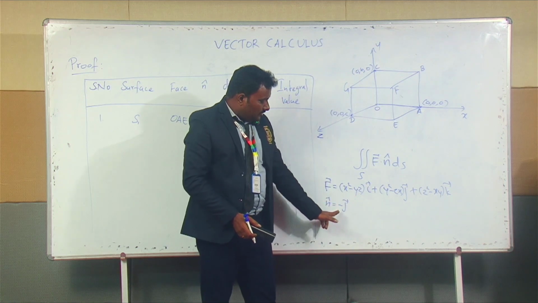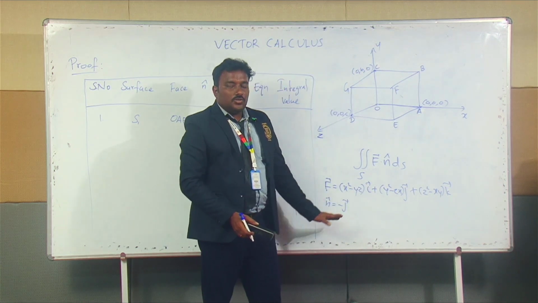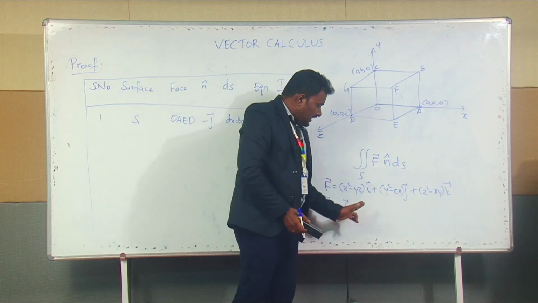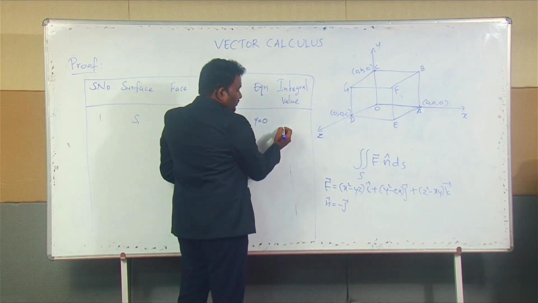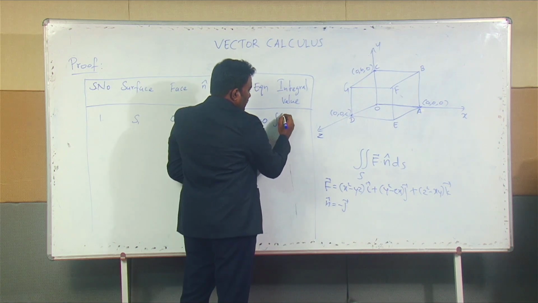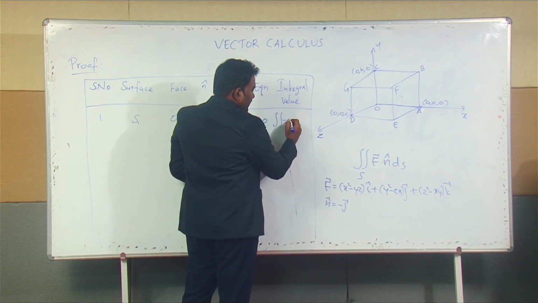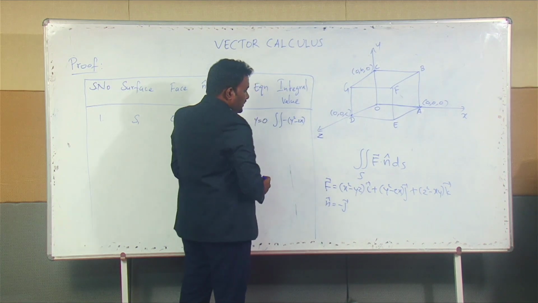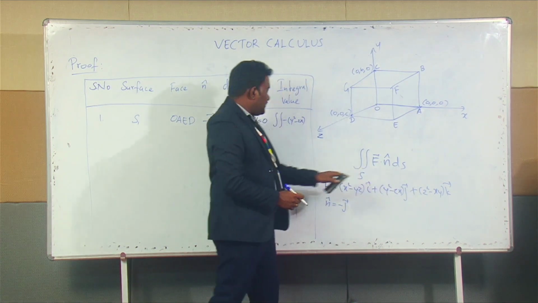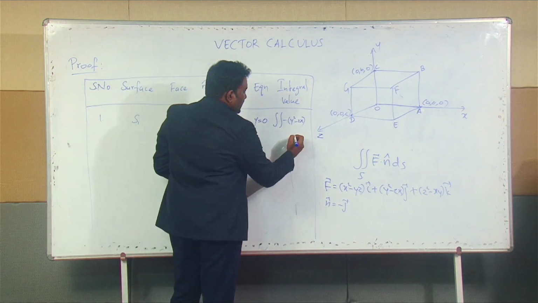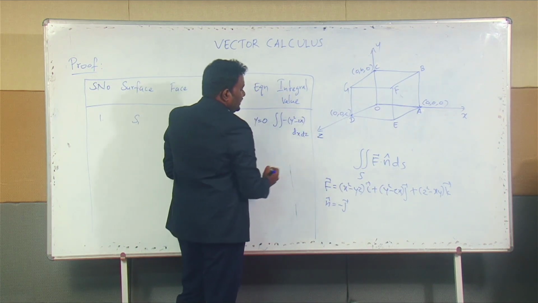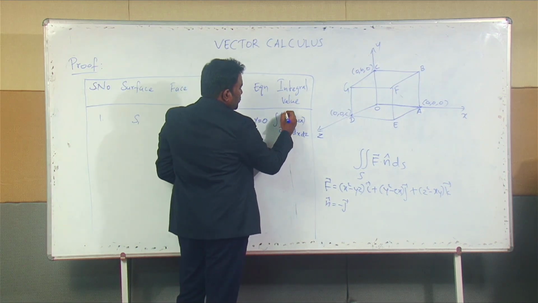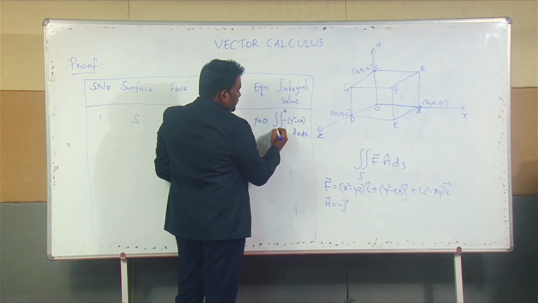Here we do not have the i vector value and the k vector value, so that will become 0. So, you multiply this y square zx and this minus 1, which will be the double integral of minus of y square zx, and this ds we have already taken as dx and dz. The x limits are 0 to a and the z limits are 0 to c.